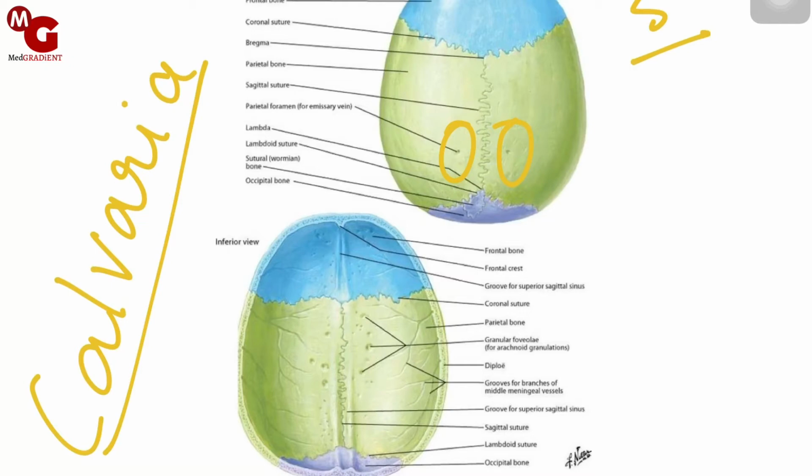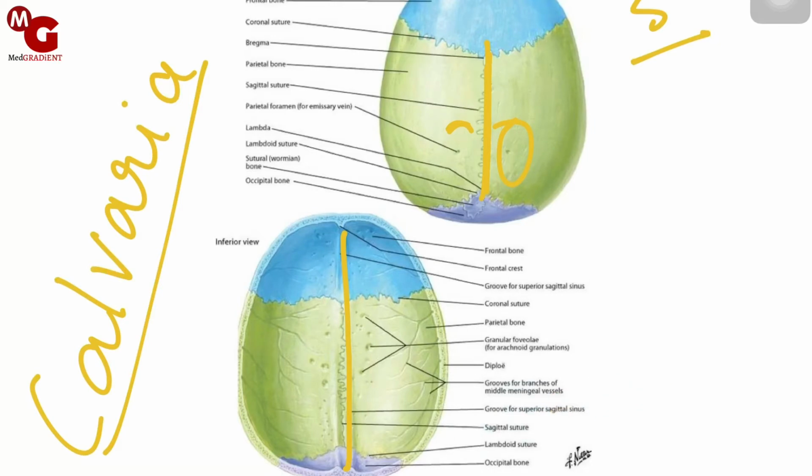Now we've cut this calvaria and we have inverted it, and this is how it looks internally. The same bones, the frontal bone, the parietal bone, and the occipital bone, right? But what I want you to understand is, internally you've got quite a few structures that you appreciate. Now, I told you externally there is what suture? Sagittal suture. Internally, there is something which has the name sagittal too. Now, it is called the groove for superior sagittal sinus.